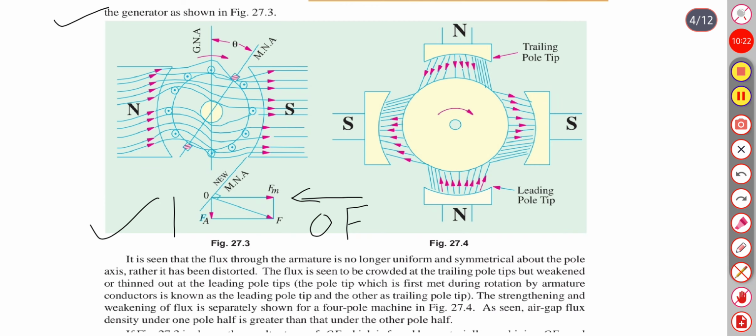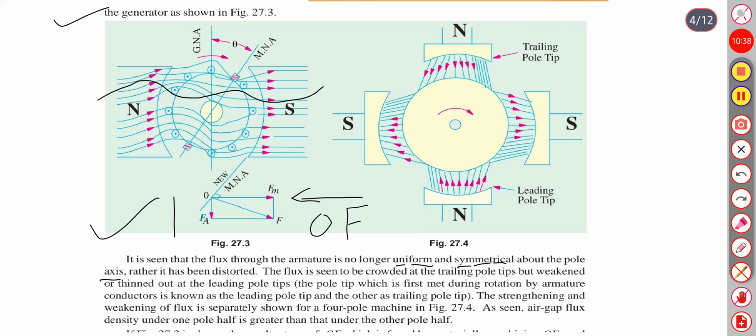It is seen that the flux through the armature is no longer uniform and symmetrical about the pole axis, as seen here. Rather, it has been distorted.